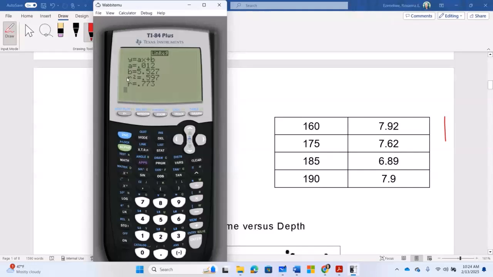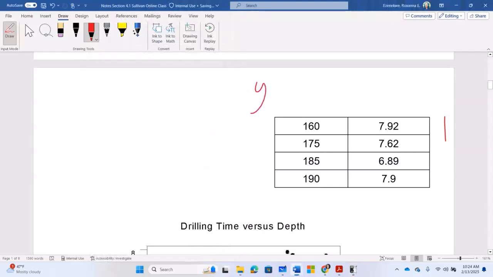I already know the R. So the equation is in slope-intercept form. Y is equal to A, which in that equation is 0.012x. Then my y-intercept is 5.527. So that is the equation. And when I go to y1, I will see this equation again.